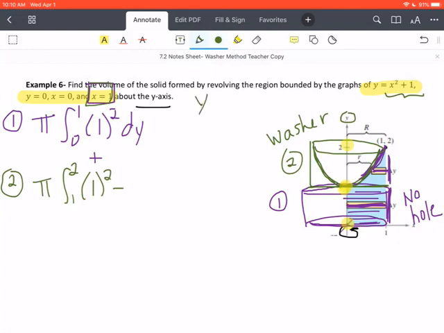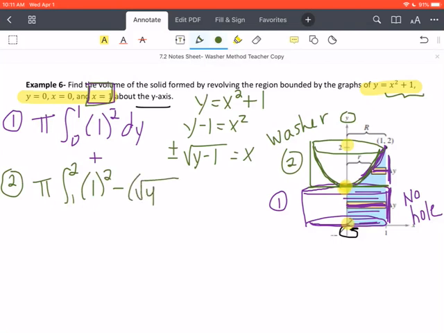So if I'm working with y equals x squared plus 1, I need to move my 1 over, and then I need to square root. Okay, and we could have the plus or minus out front, but again, we're only going to deal with that positive section there. So now we can go back to our integral and say, now that we have it written in terms of y, that's our inner radius, our little r, dy.